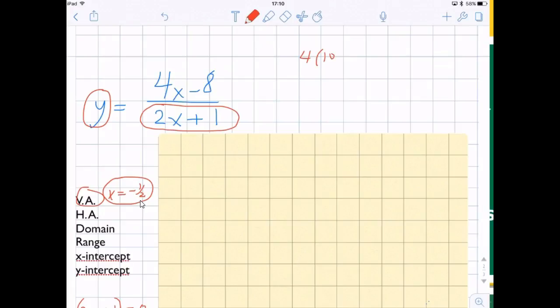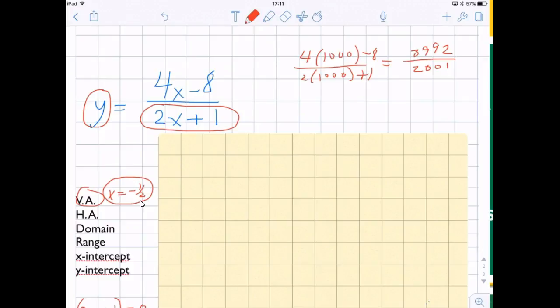So I'm going to get 4 times 1,000 minus 8 divided by 2 times 1,000 plus 1. Okay, and then if you look at that and you still don't know what number that is, you can go ahead and do the math. So it's going to be 4,000 minus 8. Oh, 4,000 minus 8 is 3,992. And the denominator is 2,000 plus 1, which is 2,001.